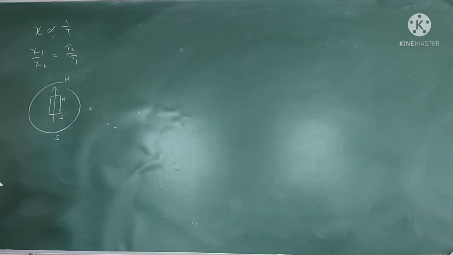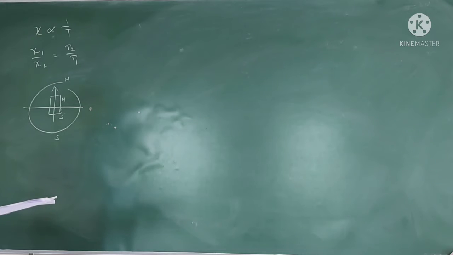The points of zero magnetic field will form on the east and west of the center of the magnet.